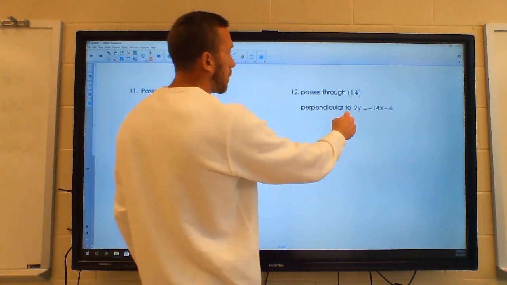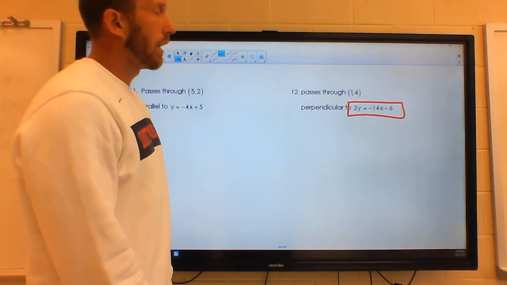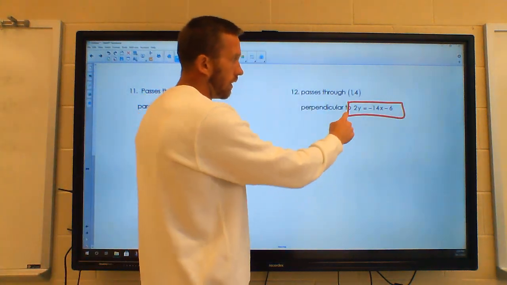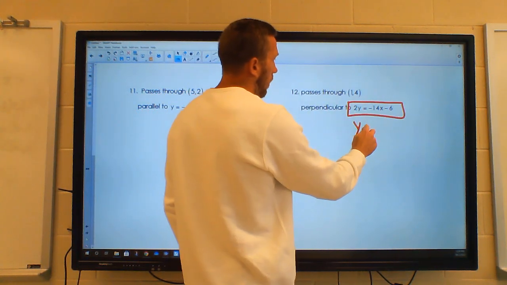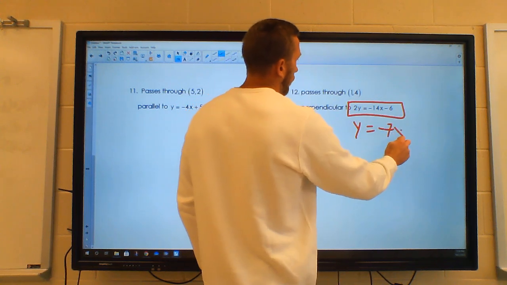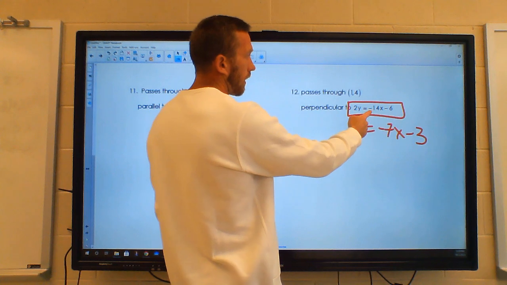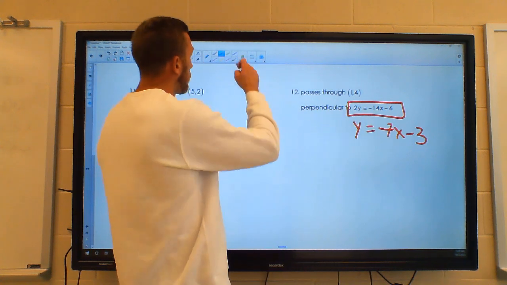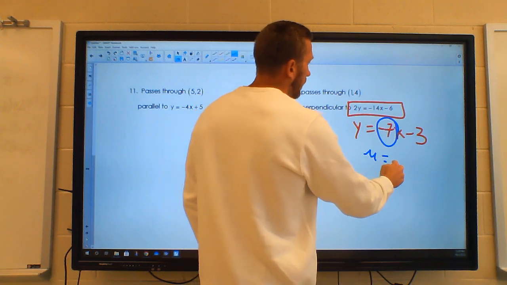Passes through this point, perpendicular to this. Man, that doesn't help us. It's not even in slope intercept form. So we divide everything through by 2. If 2y equals that, then 1y is half of all of that. Right? So it's negative 7x minus 3 instead of negative 14x minus 6. I divided every term by 2. Now I know the slope of this line is negative 7.